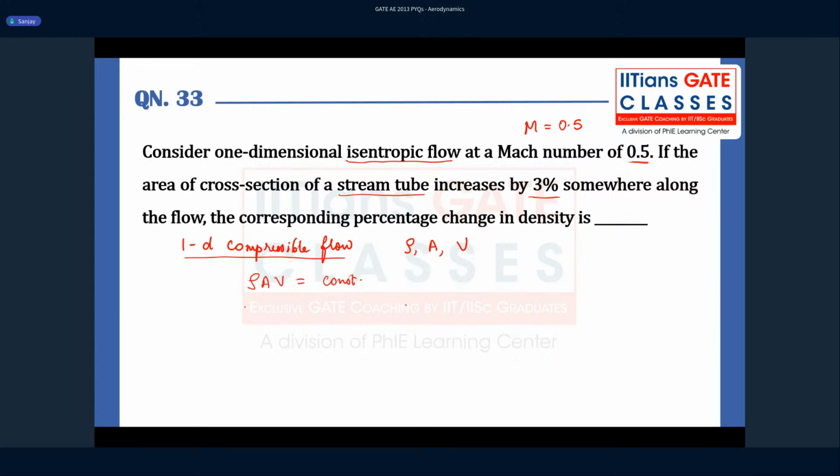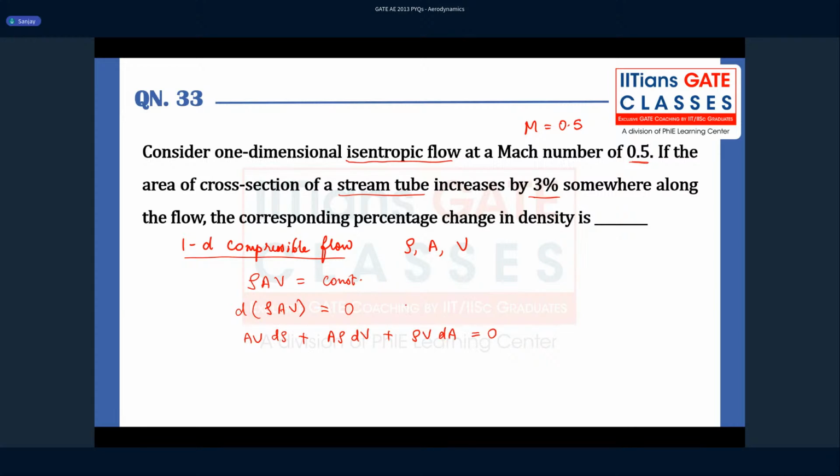Now, if I differentiate this, I can say d of rho AV will be equal to 0, right? So if I just expand this, I can say AV times d rho plus A rho times dV plus rho V times dA equal to 0, right? I'm just applying the chain rule of differentiation.